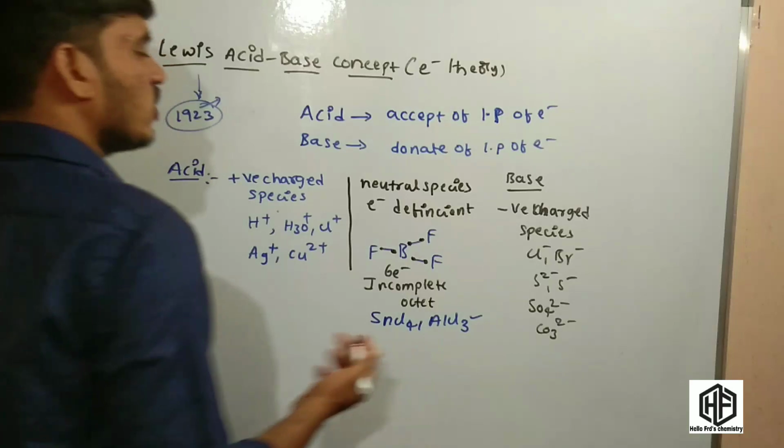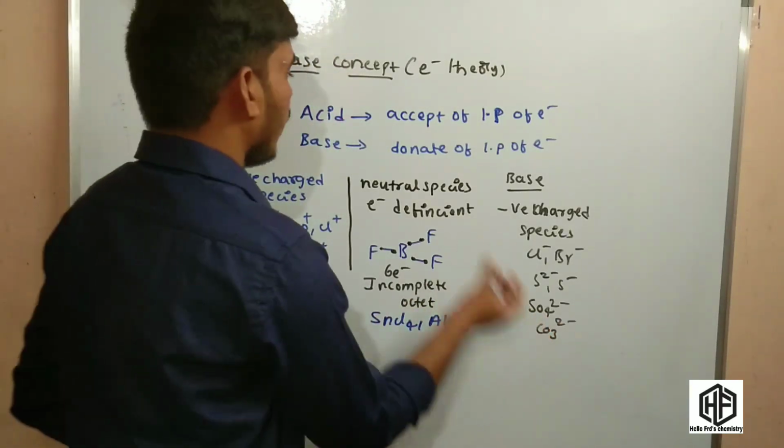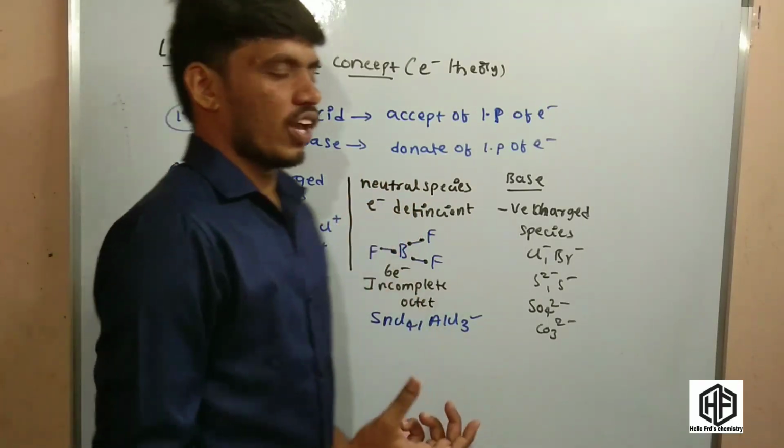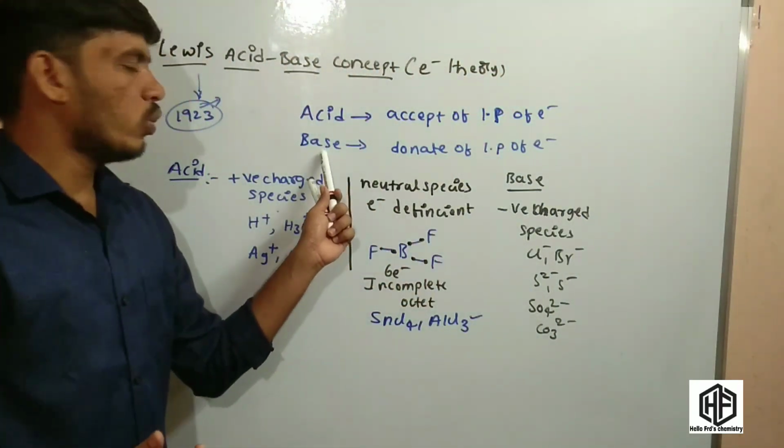These are negative species. They act as donors of lone pairs of electrons. These are called Lewis bases.